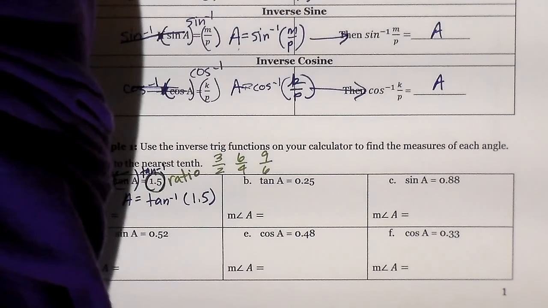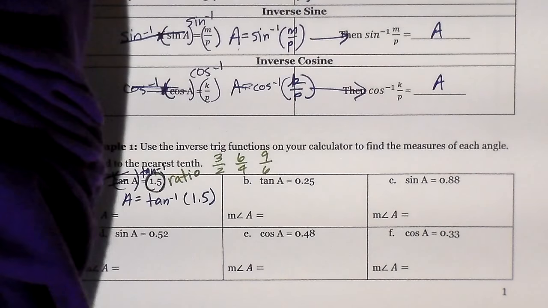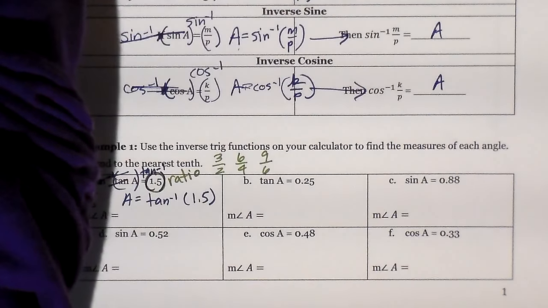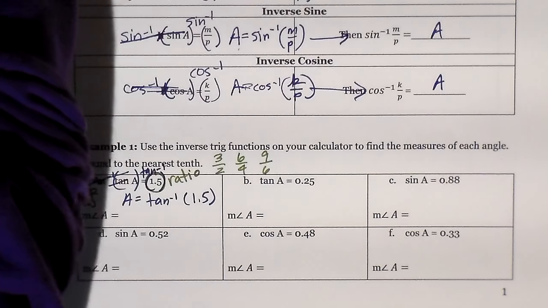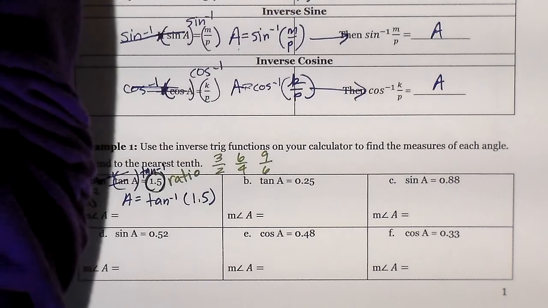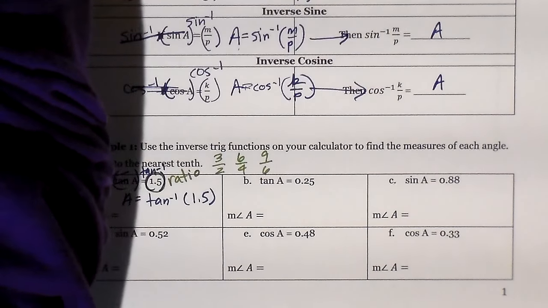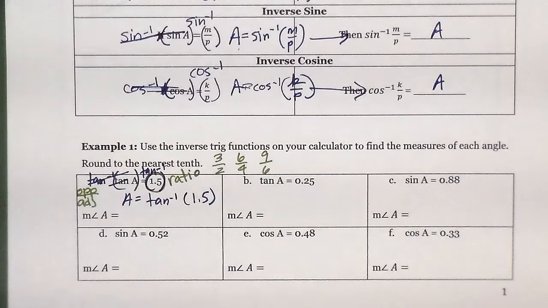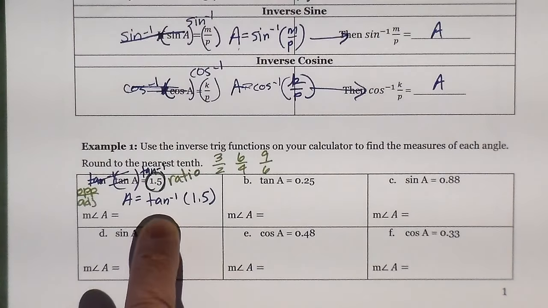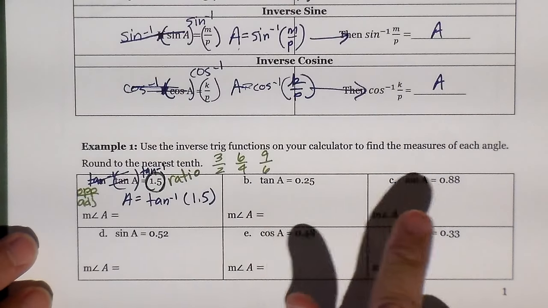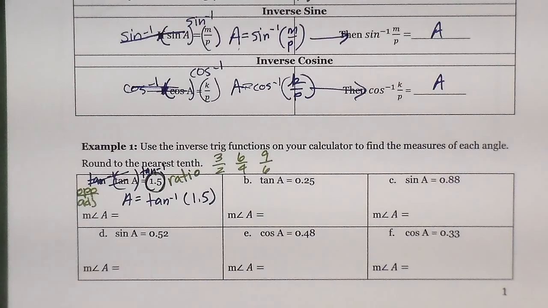I'm using my scientific calculator here on the computer. So you're going to hit second tangent and you'll do the inverse of the tangent. We'll come back and calculate these in a minute, but I want you to look at these. How would we do part B? Well, part B would entail the same thing.